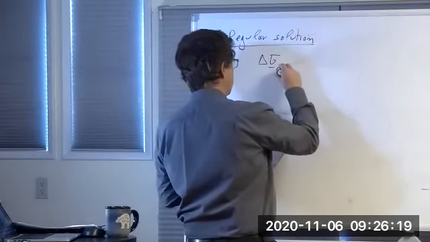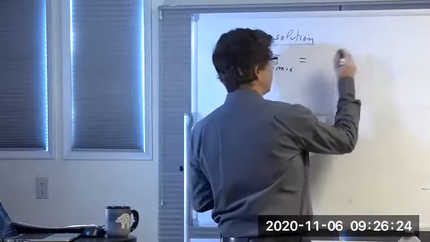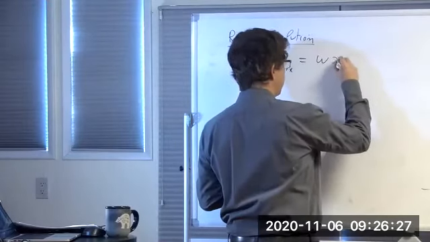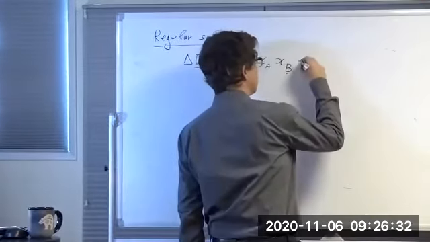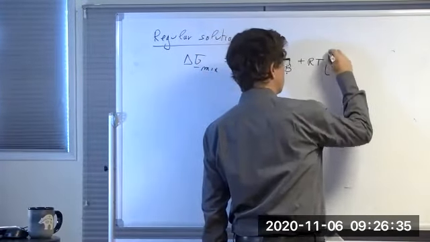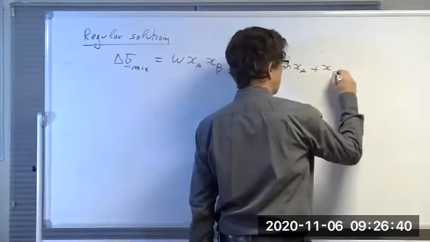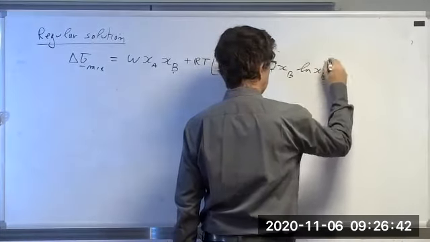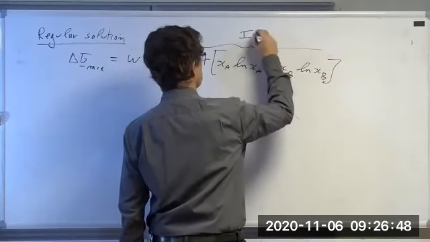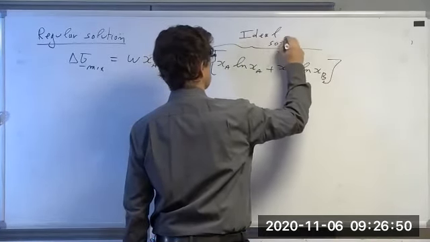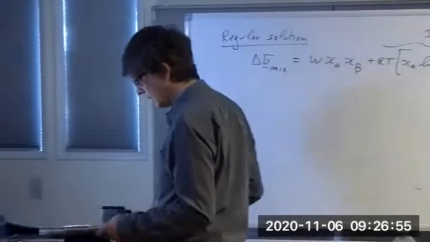A regular solution is one where the free energy of mixing is the quadratic for the enthalpy, XA, XB, plus the ideal solution term. Right? So this here is the ideal solution.